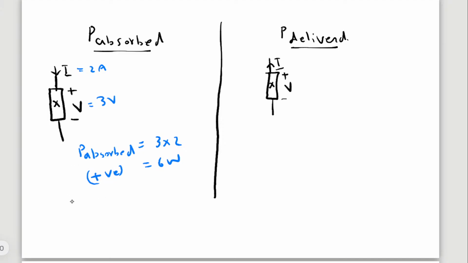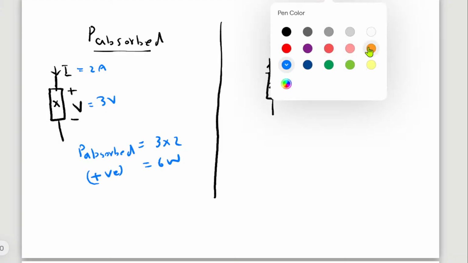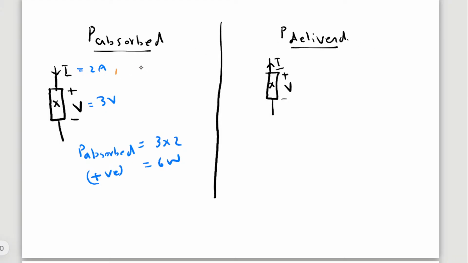Now let me consider another example: I is negative 2 ampere and V is 3 volt.